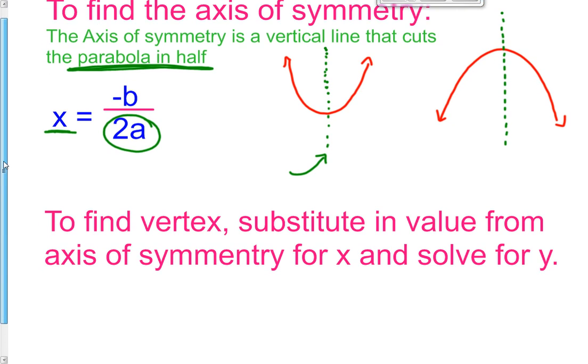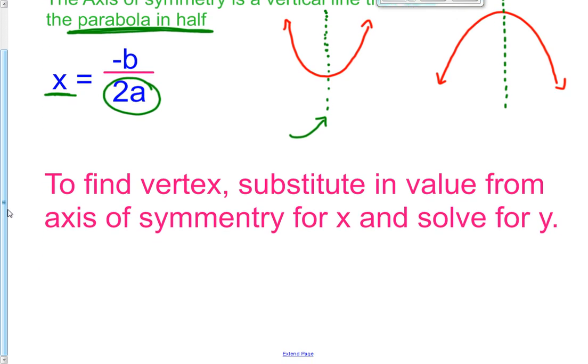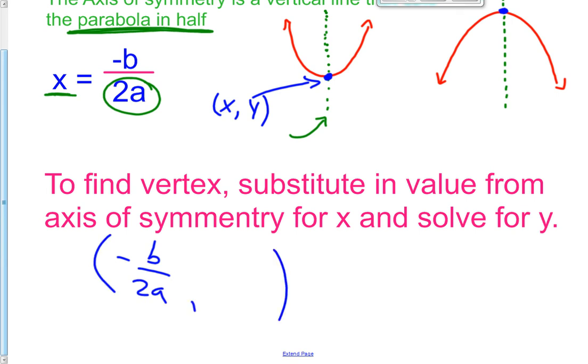Once you get your axis of symmetry, you could then find the vertex. The vertex is always located on the axis of symmetry, because that's always where the highest or the lowest part of the parabola is. To find the x-coordinate, this is an xy ordered pair, it is the axis of symmetry, so a negative b over 2a is the x-coordinate of our vertex, and then the y-coordinate you find by substituting.